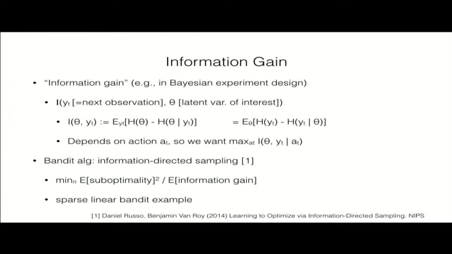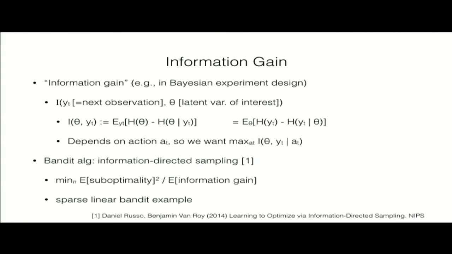So the mutual information can be written as the expected change in the entropy of the distribution. So it's the entropy of our latent variable before our measurement minus the entropy of our latent variable after the measurement, and the expectation over all measurements of that. And that's equal to the entropy of our actual outcome minus the entropy of the outcome given our underlying latent variable.